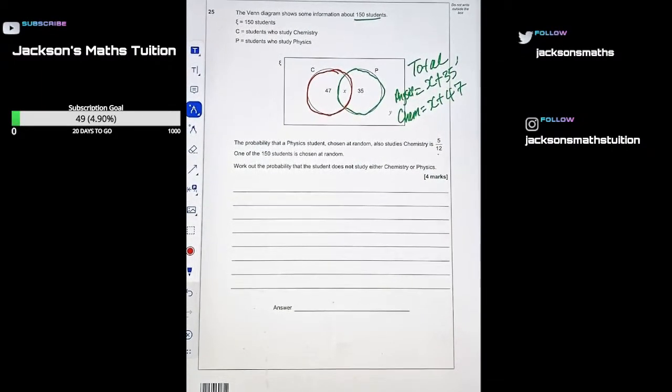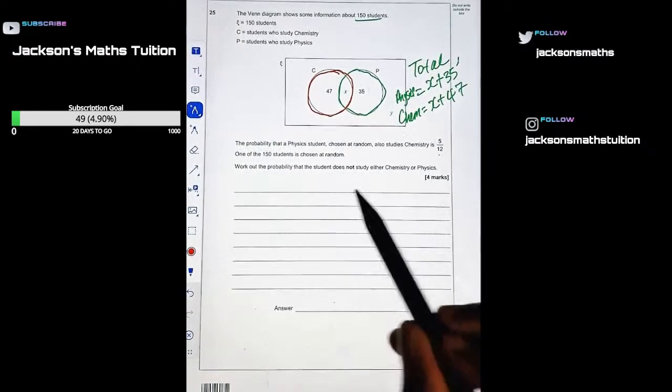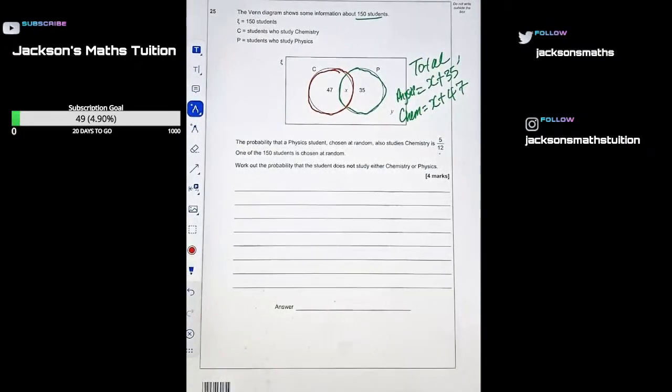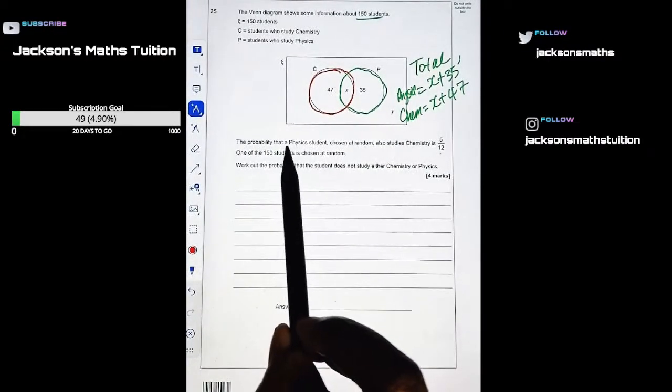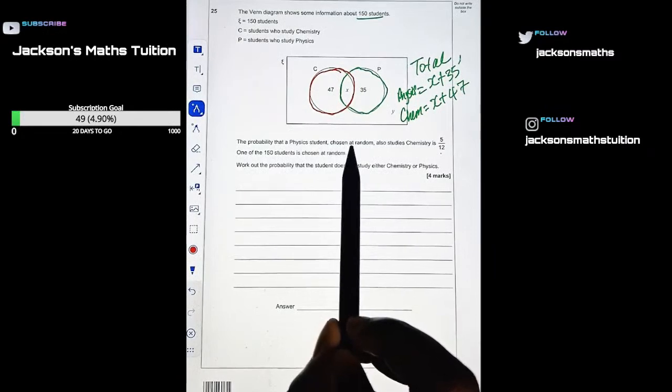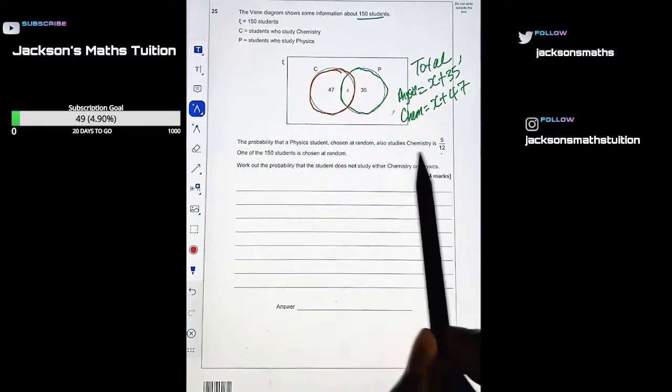Now let us write down the probability that a physics student chosen at random also studies chemistry.